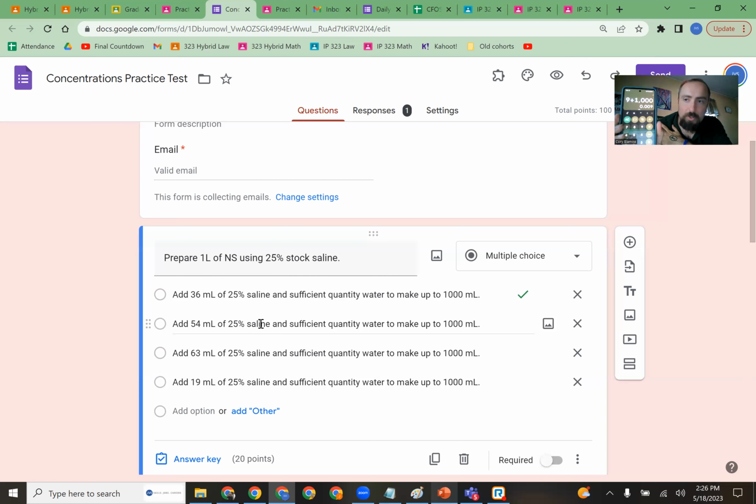is 0.009. And remember, this is a percentage expressed as a decimal, right? So we're going to move that decimal over. We've got 0.9% saline.